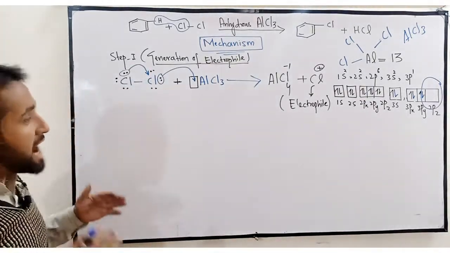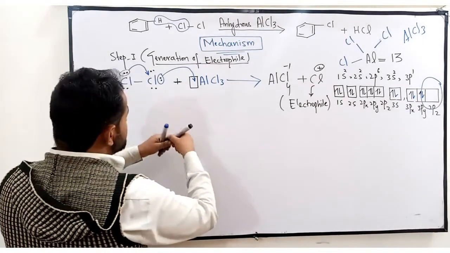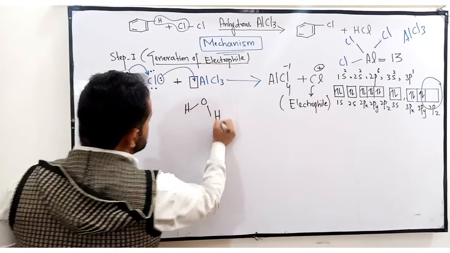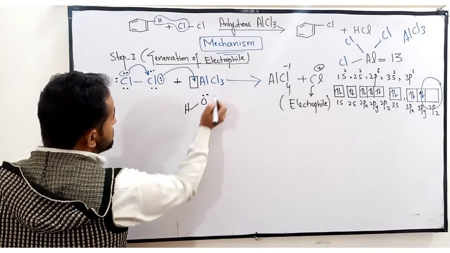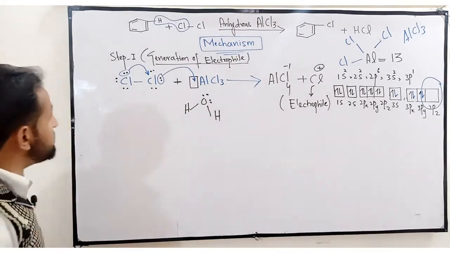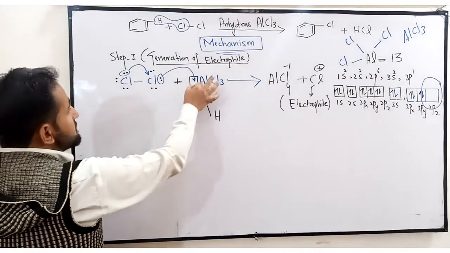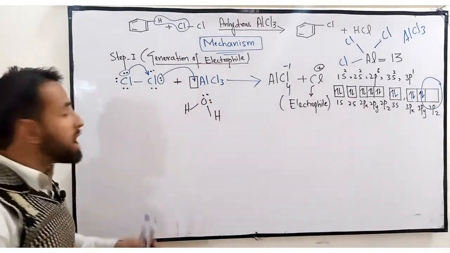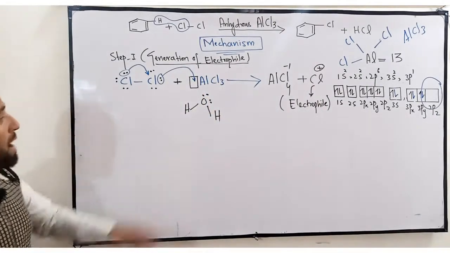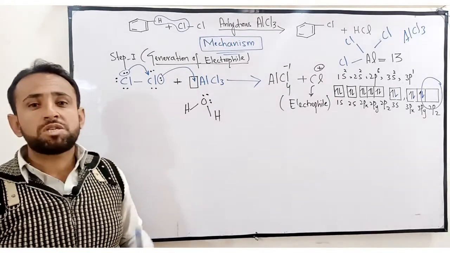If I use a hydrous Lewis acid, meaning a Lewis acid which contains water molecules, we know that there are two lone pairs of electrons on the oxygen atom. Now the vacant orbital of the aluminum trichloride will attract the electrons from this oxygen atom. When the aluminum makes bonds with this oxygen atom, then it is useless.